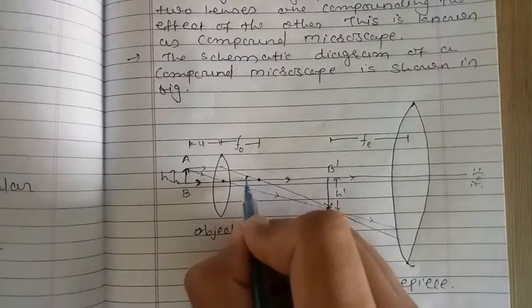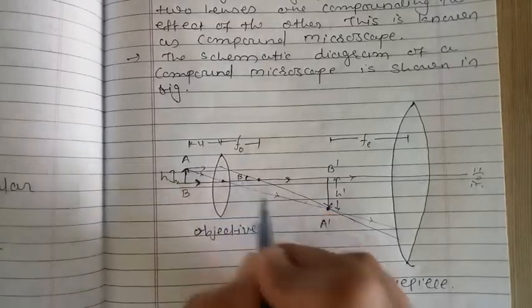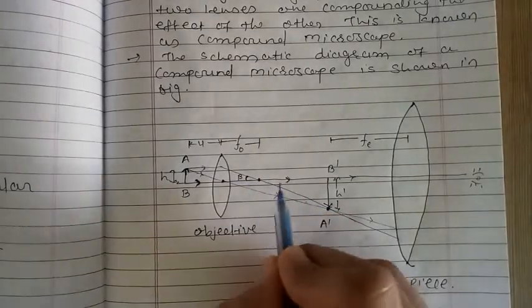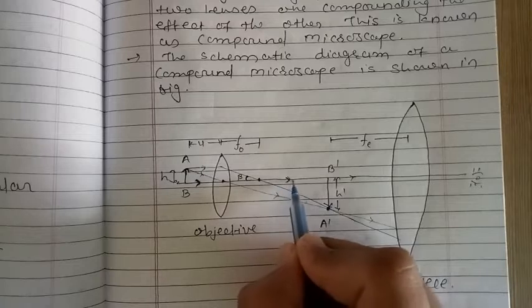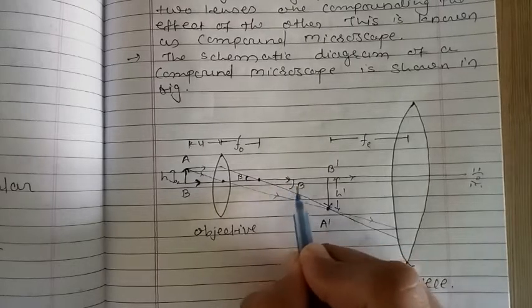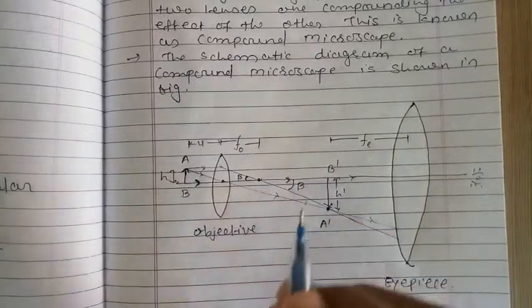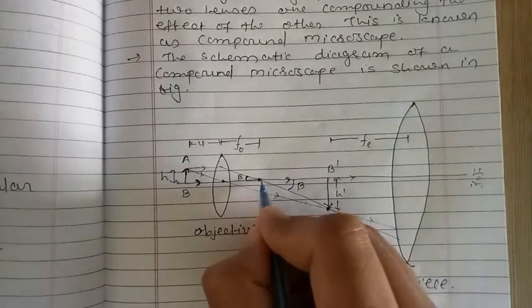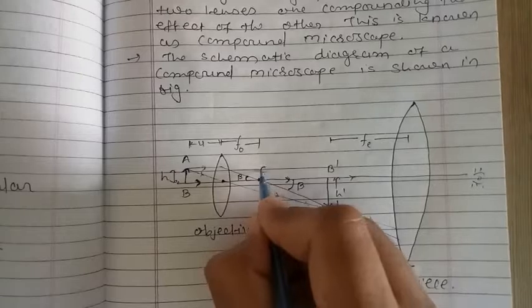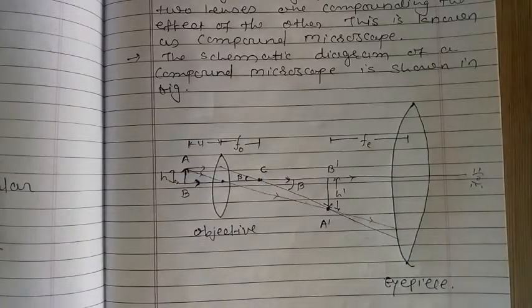Suppose here we assume an angle beta. If this angle is beta, then according to the geometry this angle is also beta, right? Here I denote this point by C, right?